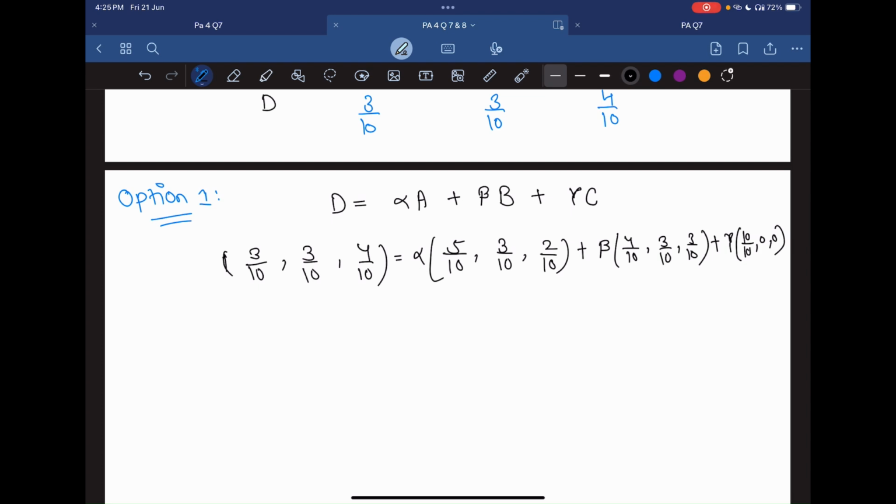So this is a system of linear equations. If we try solving the system of linear equations, we will get (3/10, 3/10, 4/10) equal to minus 1 times (5/10, 3/10, 2/10).